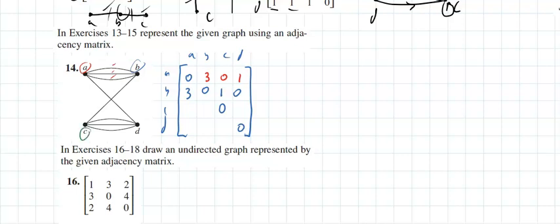C has 3 to D, 1 to B, none to A. And D has 3 to C, 1 to A, and that's it.